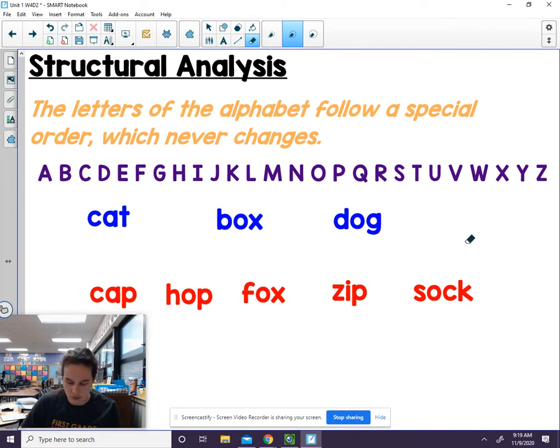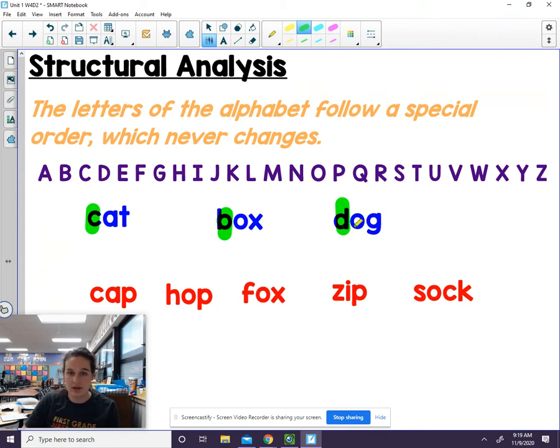We'll use that tool to help us put words in alphabetical order. We're going to start with these words in blue. I need to look at each of these words. What I'm looking for is their first letter. What is that first letter? So cat's first letter is C. Box's first letter is B. Dog's first letter is D. So now I'm going to decide which of those comes first.